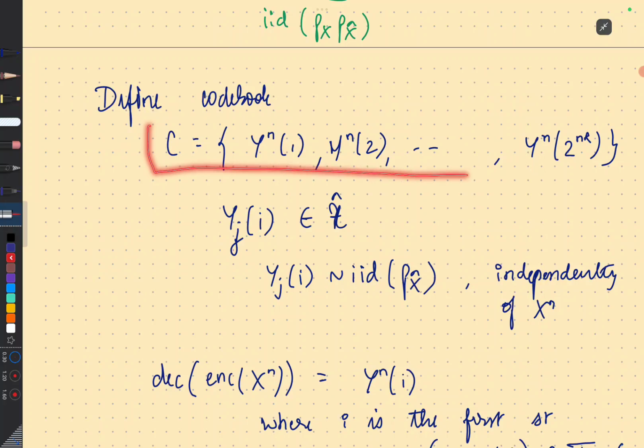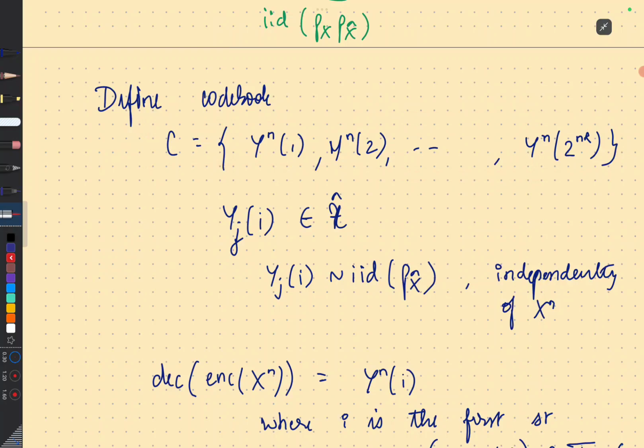So this code book has to be generated independently of the source sequence, because if you generated it depending on the realization of the source, then you are essentially cheating. The code book cannot depend on the realization of the source. It's not that you design a code book that works only for one specific source sequence. It has to work in general for a random source sequence drawn according to Px. Does that make sense?